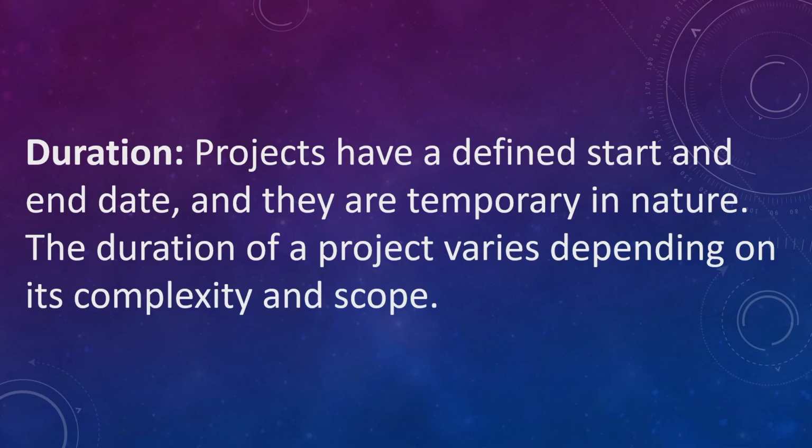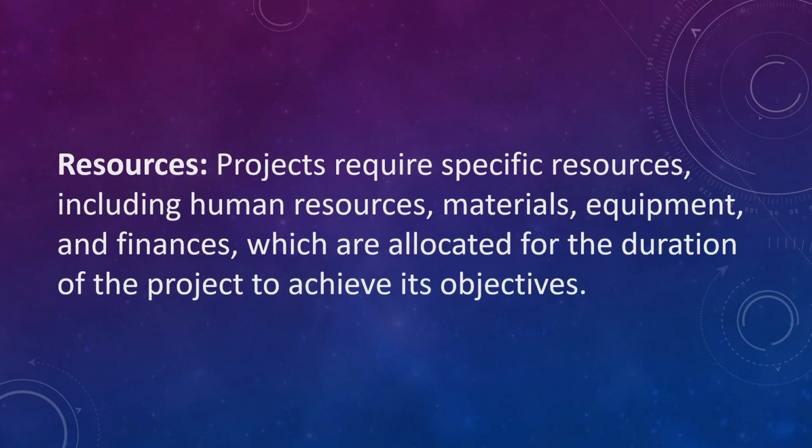The duration of a project varies depending on its complexity and scope. Resources. Projects require specific resources, including human resources, materials, equipment, and finances, which are allocated for the duration of the project to achieve its objectives.